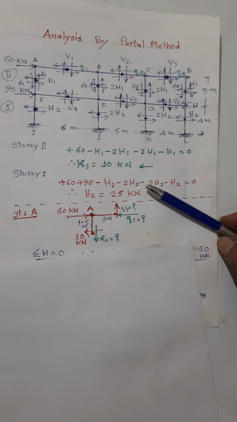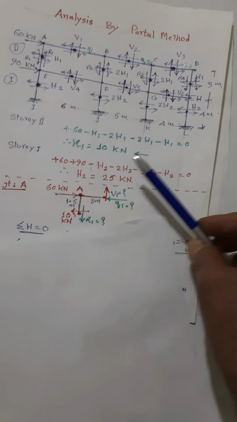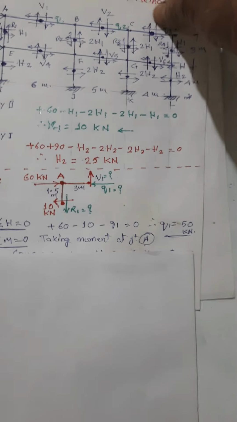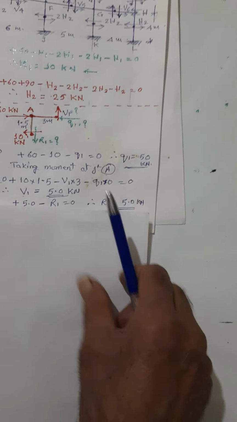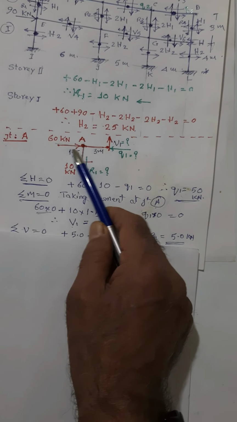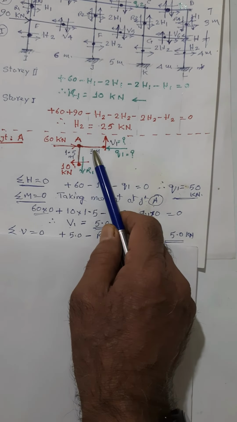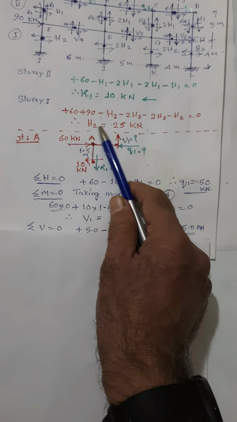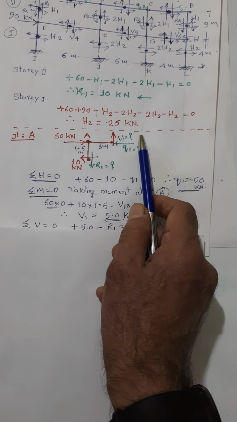Then go for the next general condition of equilibrium, sigma M equal to 0, taking moment at point A. So this moment will be 0, this moment will be 0, this will be acting clockwise, this will be acting anti-clockwise. We are supposed to find out this.